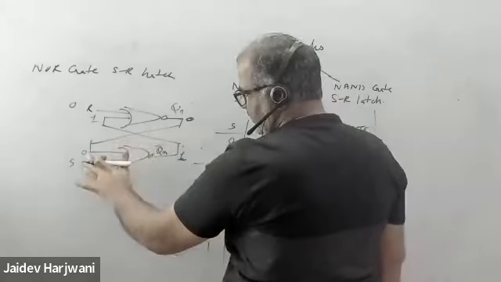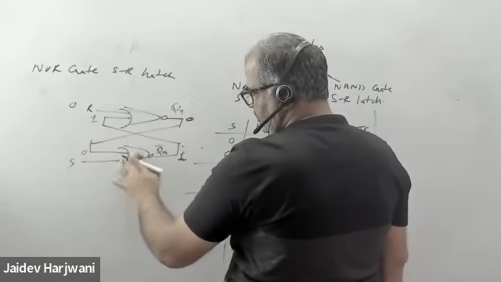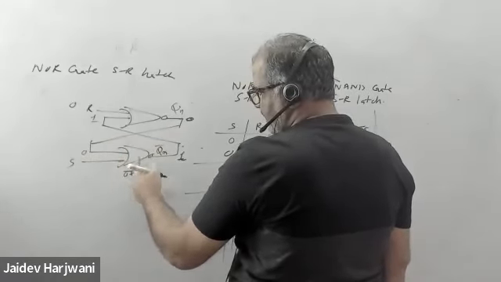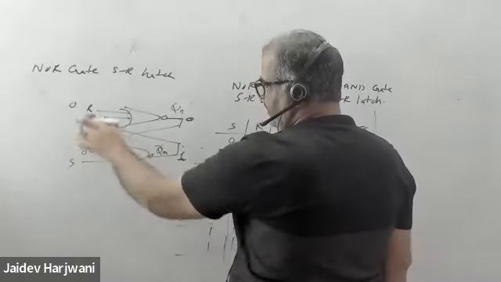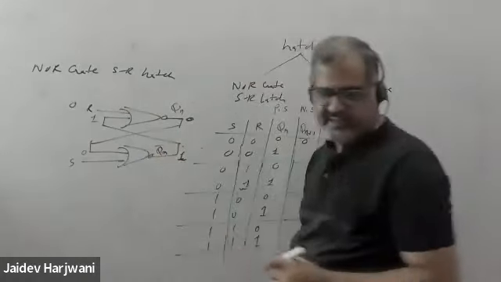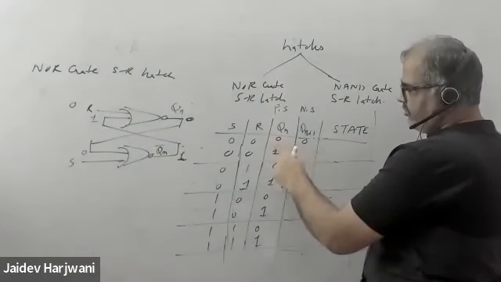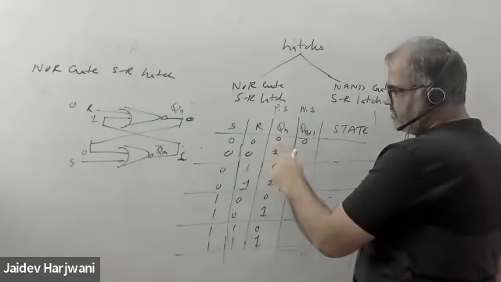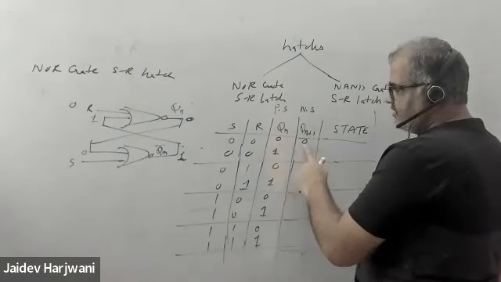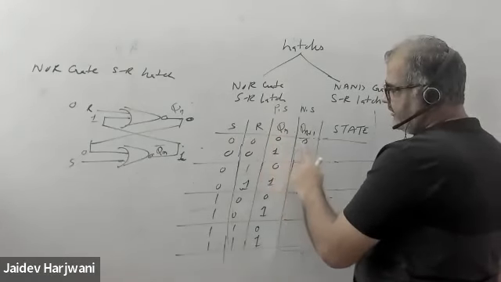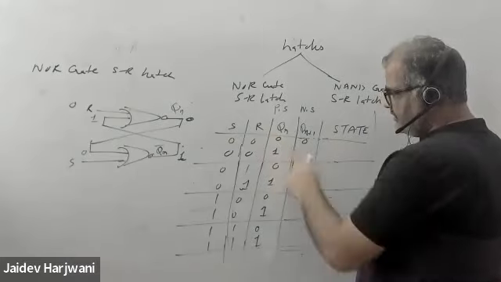Again 0 is going here, 0 plus 0, NOR, again 1 is coming out. This 1 is going here, so the output is not changing. If the state of the flip latch is 0, the next state also remains 0. So 0 0 is not changing the state.